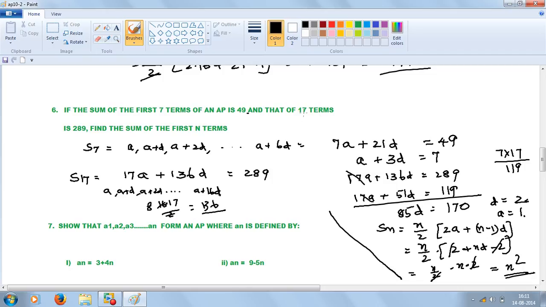What about 17 terms? Is it equal to 17 square? You just multiply, 17 times 17. Yes, it is 17 square. So the formula is correct. Sum to n terms is equal to n square.